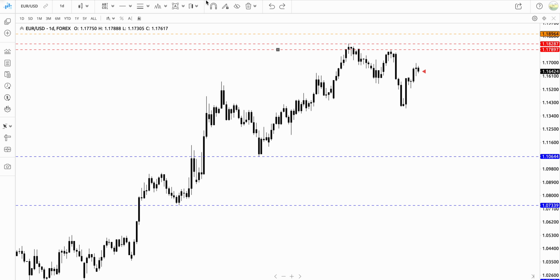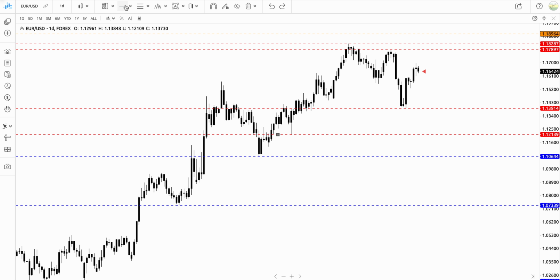And then I'm also going to pick up this level right here. Now I'm going to choose my next low. It looks like it's going to be right here, but I'm not looking left. And I know a lot of y'all probably were taught the same way I was taught: look left. But no, we're looking at what price is currently doing. So that's all we're going to be paying attention to.